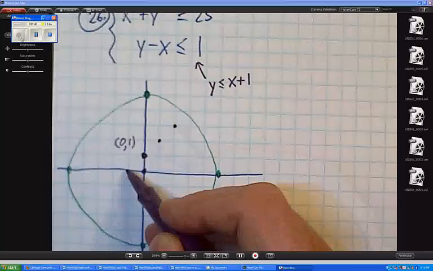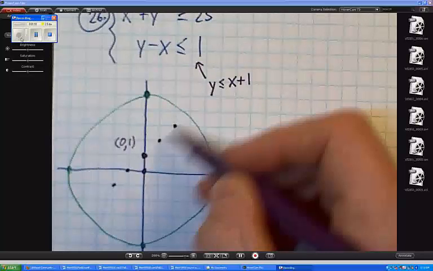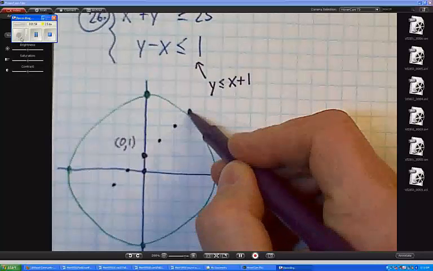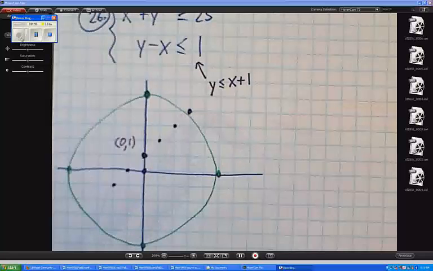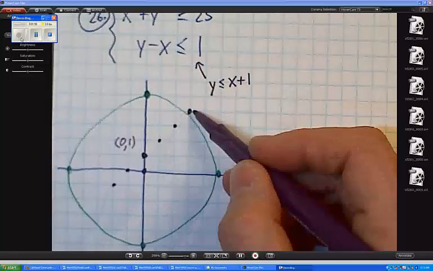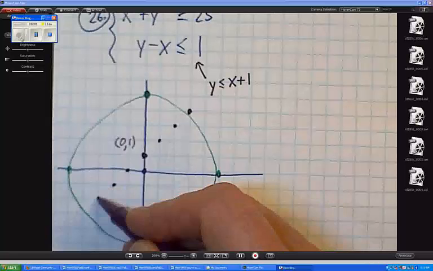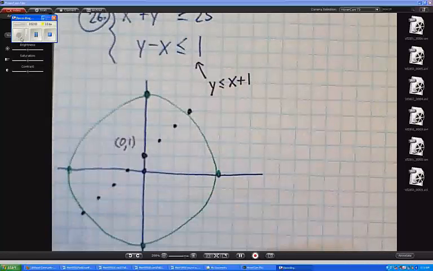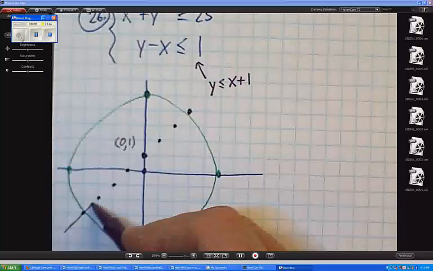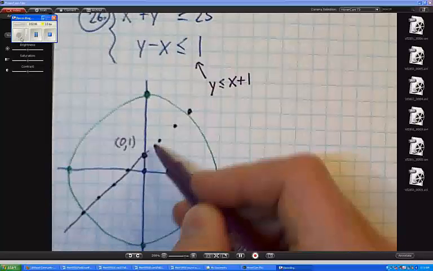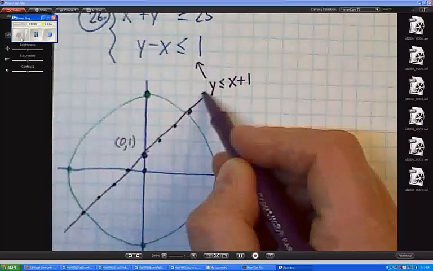Well, actually, very interesting. I think the circle's supposed to go right through that point right there, and right through this point right here. But anyways, we'll talk about why I know that in a minute.